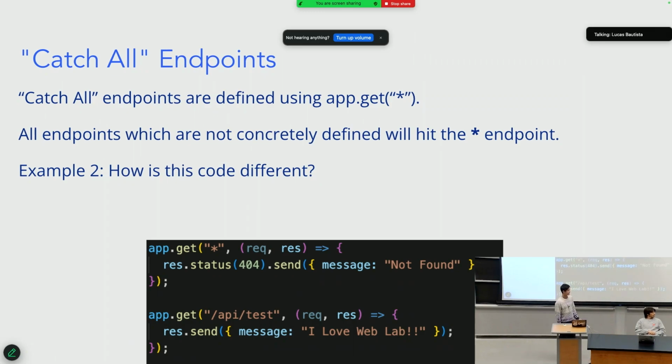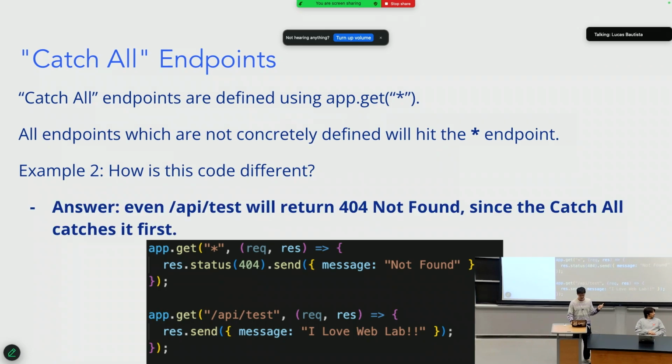Okay. Now I've written the exact same code, but I've switched the ordering of the two so that the app.get star comes first, and then the app.get /API/test comes afterwards. So how is this code different? Something weird happens here. Even though /API/test is defined, when a client tries to query the /API/test endpoint, it'll still return 404 not found, because in Express, it goes top down in your file.